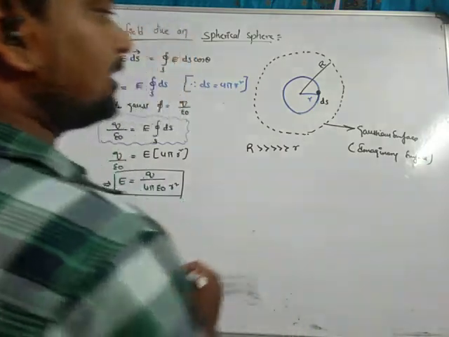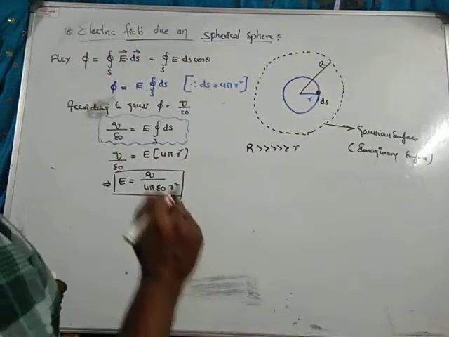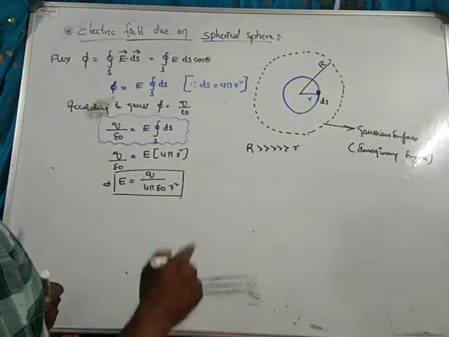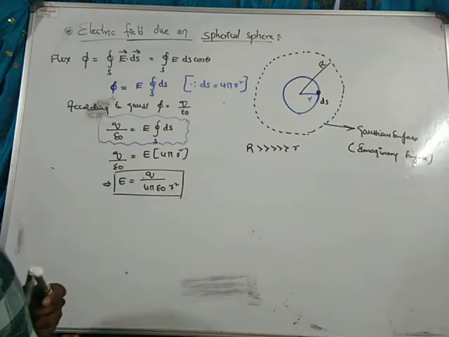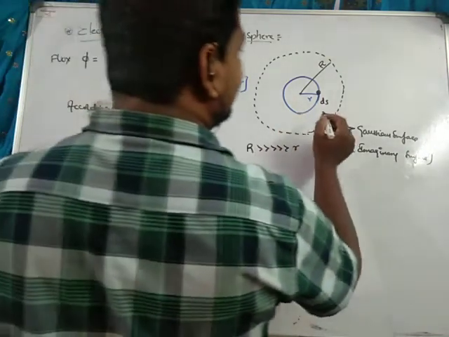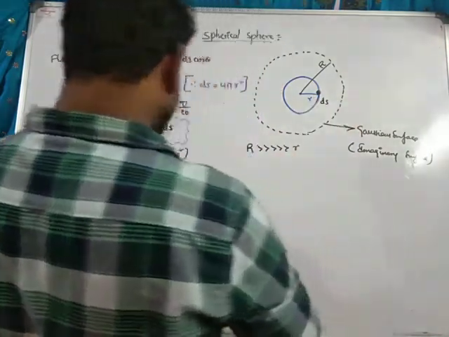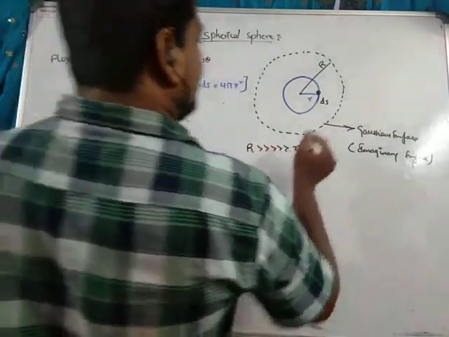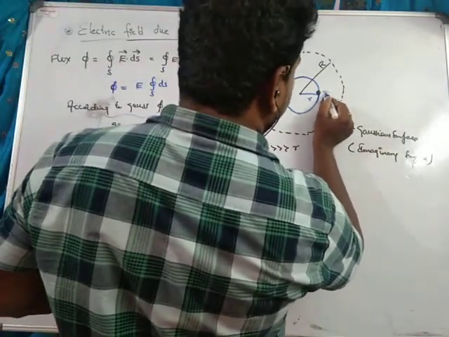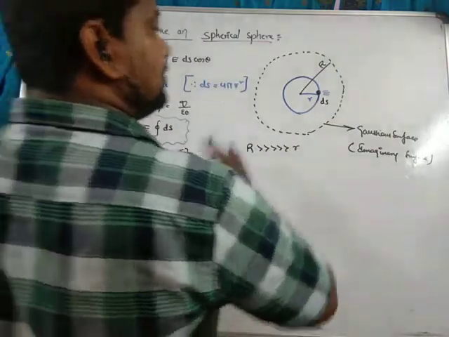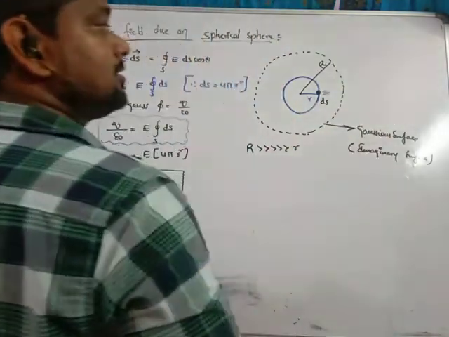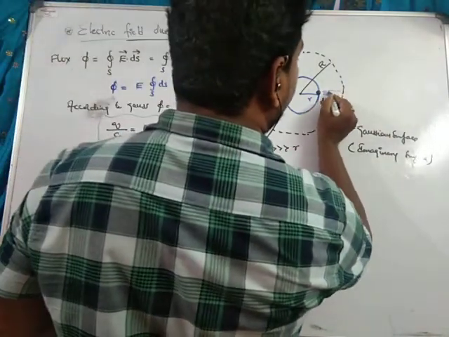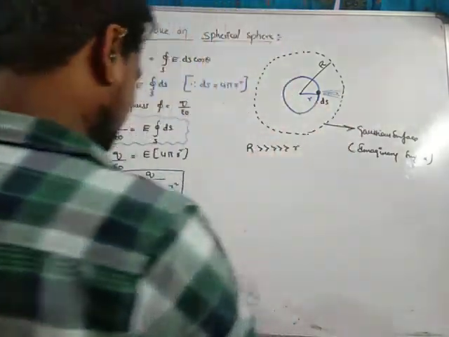The original surface we consider is smaller than the Gaussian surface. So the field lines pass through the given surface area, but they won't cross the Gaussian surface.